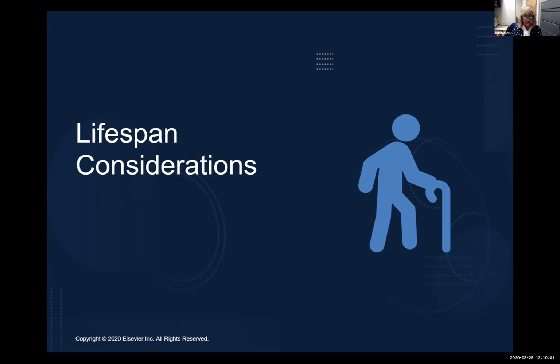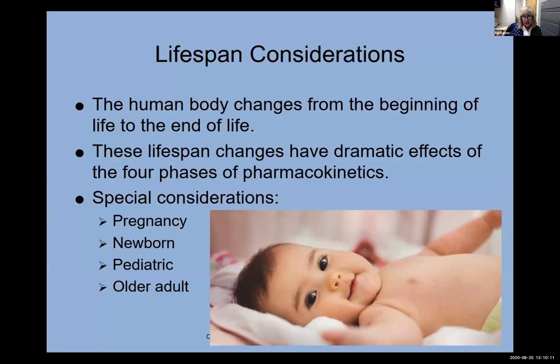All right, let's go ahead and get started back. So now we're going to talk about lifespan considerations. There's a big difference in giving a medication to a newborn versus giving a medication to a 35-year-old versus giving medication to a 90-year-old.